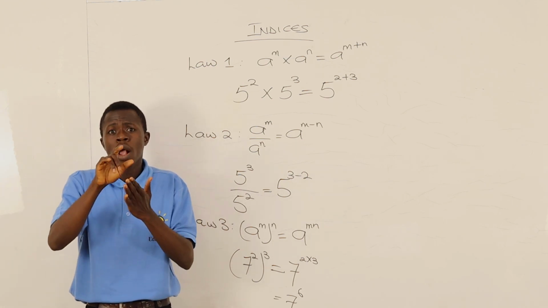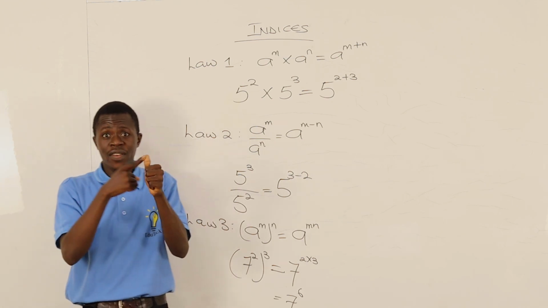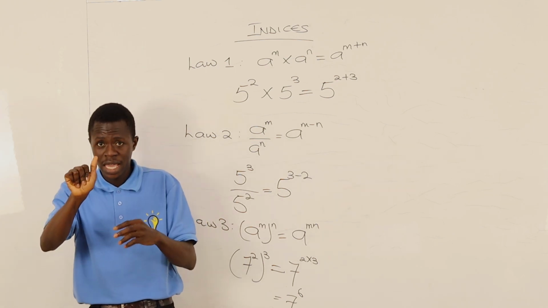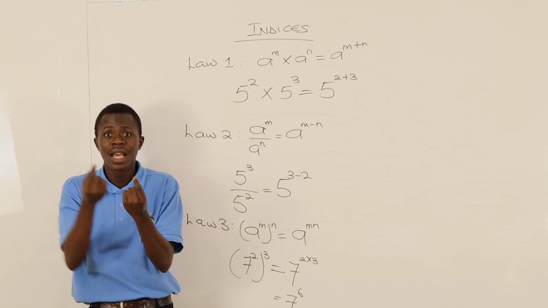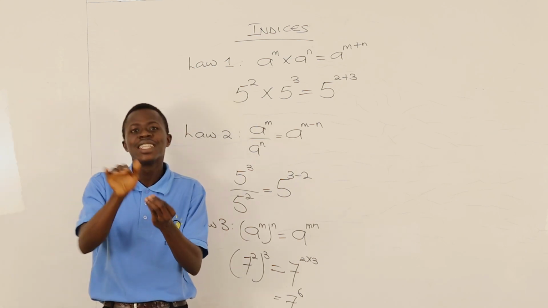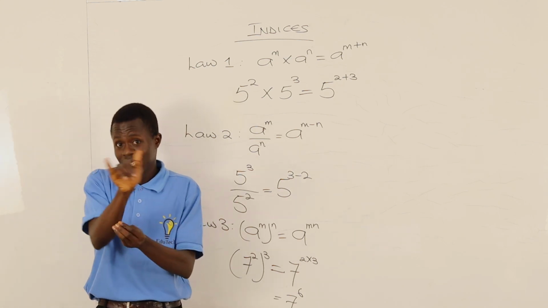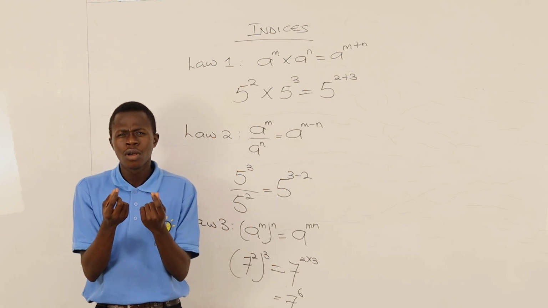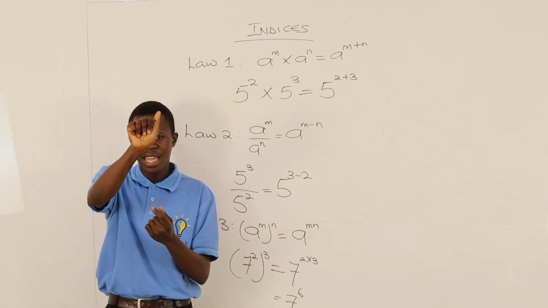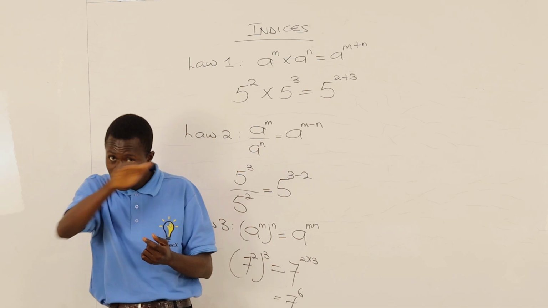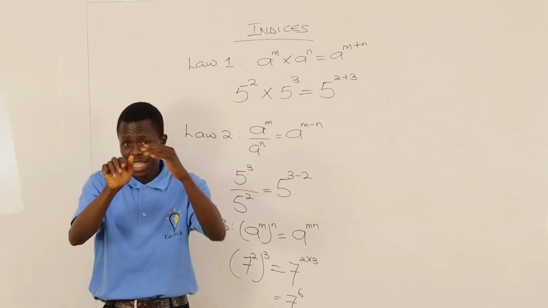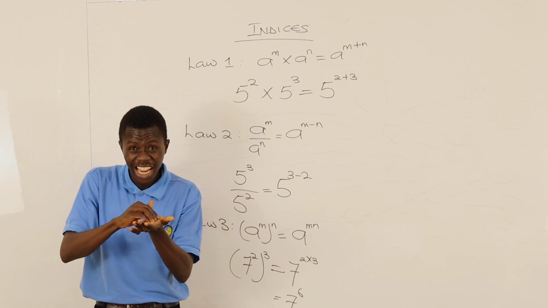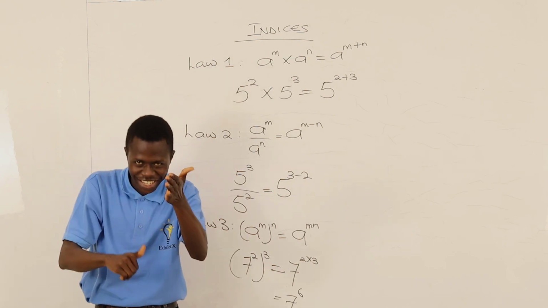Law 1 says a raised to the power m multiplied by a raised to the power n, we add the powers. Law 2 also says that when we have an expression a raised to the power m divided by an expression a raised to the power n, what do we do?